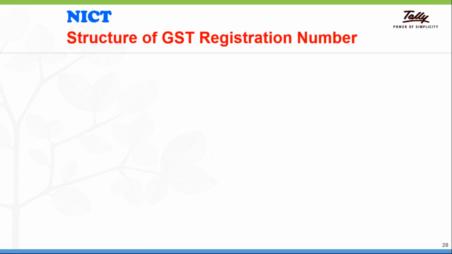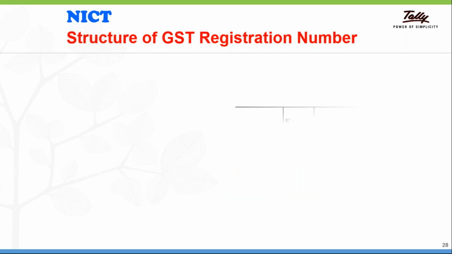Okay, so this is a very important topic, that is how the registration number of a GST will be. The registration number of GST is considered to be 15 digits.